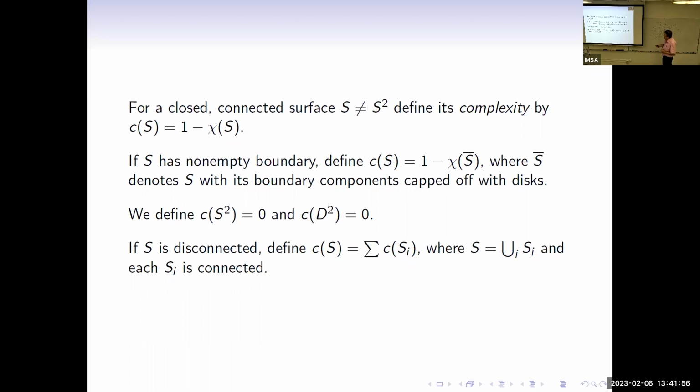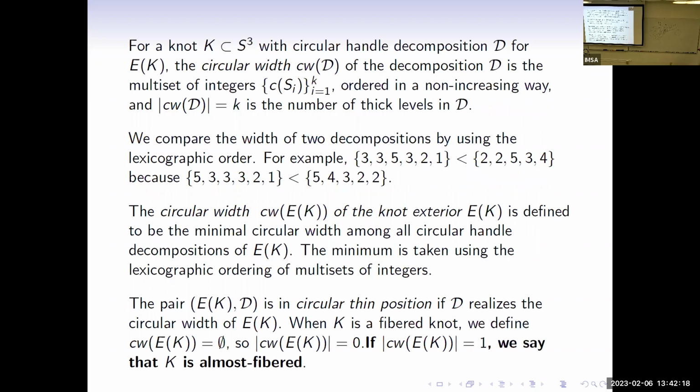For a sphere, we define it to be 0. And if the surface is not connected, then the complexity is the sum of the complexities over the connected components.